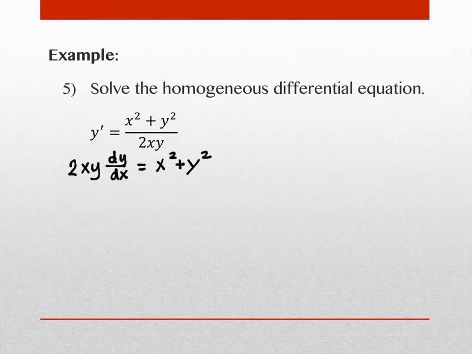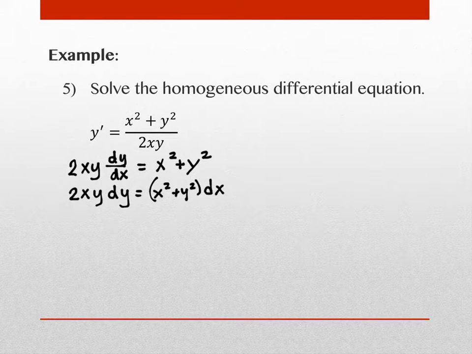I'm going to do what I would do on the other problems as well. I'm going to try and move it so that I have dy on one side and dx on the other. So this is now 2xy dy equals (x squared plus y squared), which I put in parentheses because it is multiplied now by dx. Can you see right away that this is definitely not separable?